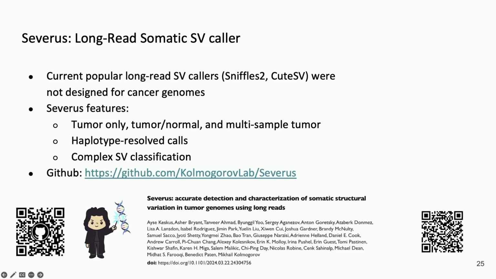That means we can directly assign each read to the paternal or maternal haplotype directly from reads. In a cancer genome context, which we know to be highly heterogeneous and to have high aneuploidy, not using this phasing information would be a huge waste. So we incorporated that phasing information in our calls, and we provide haplotype-resolved structural variation calls.